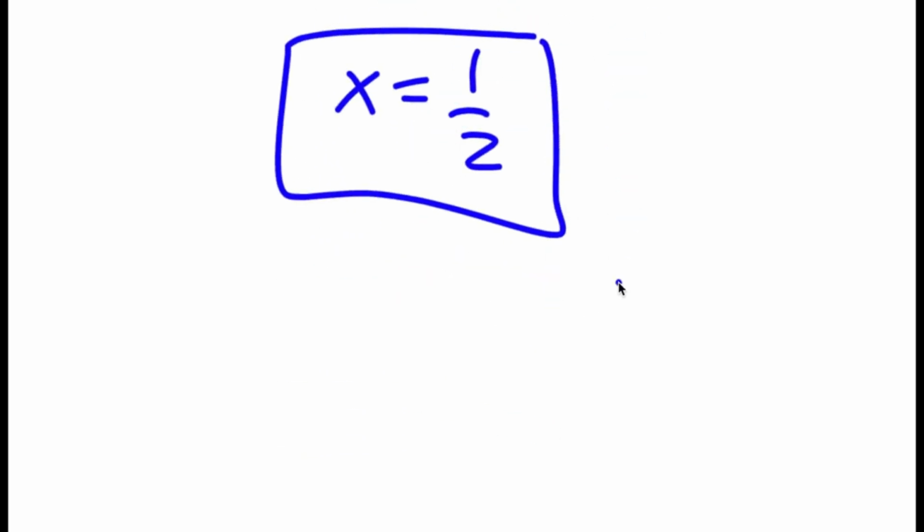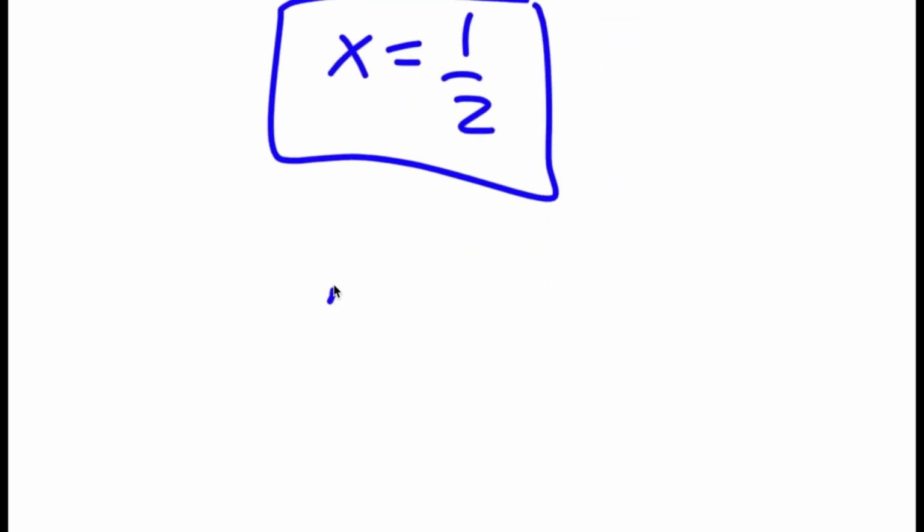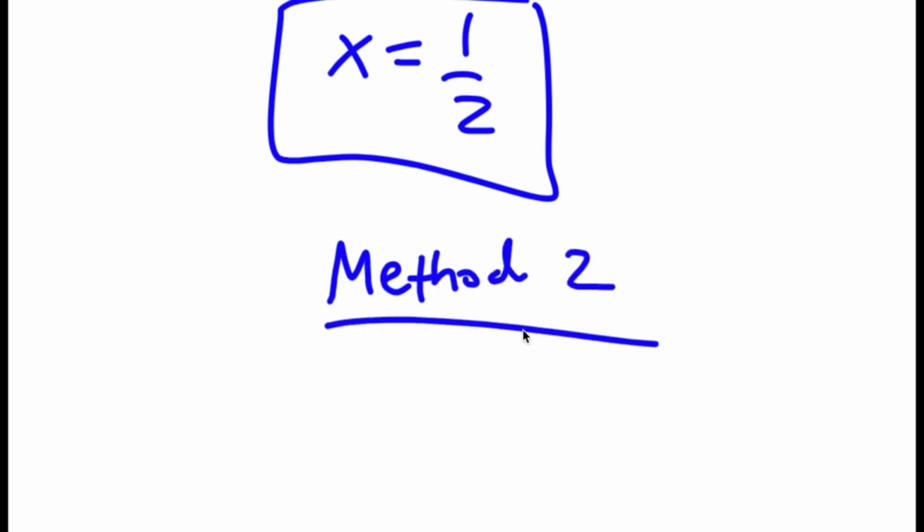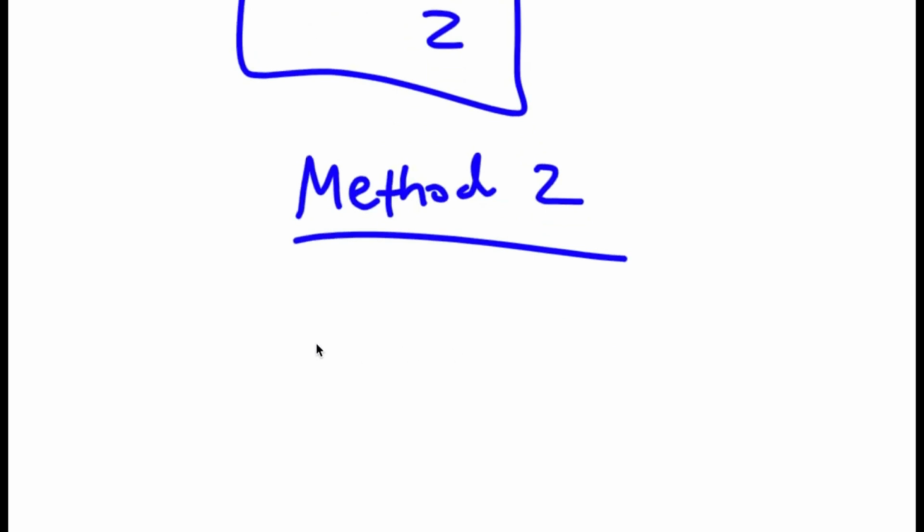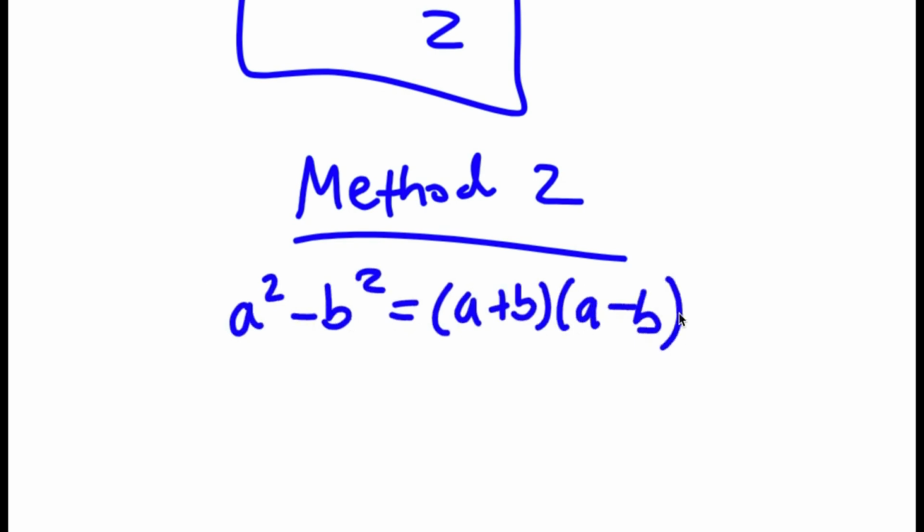Now, my second method for solving this problem: if I have something in the form a² − b², this is equal to (a + b)(a − b).